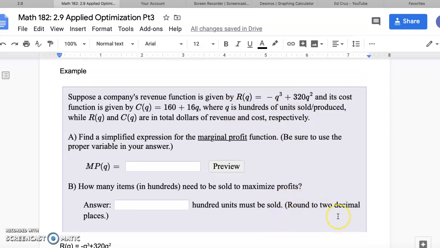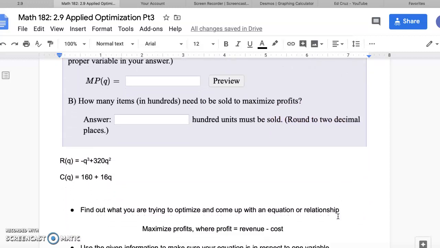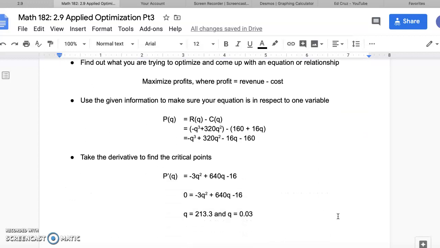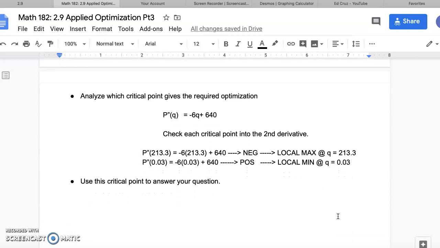And if you notice here, it says round to 2 decimal places. Oh, so that means I got to go back and adjust my calculations. I want to make sure I have 2 decimal places. So over here, I did save some of these numbers. If you're going to round to 2 decimal places, make sure you keep an extra decimal place. So this is 0.8 here, and then this was 0.25.